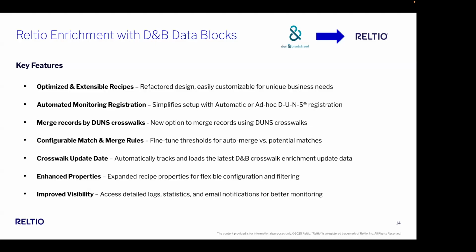A new thing that we have introduced on the crosswalk update side is we automatically track and load the latest DNB crosswalk enrichment update date. So update date as an attribute or as a metadata was missing earlier in our DNB crosswalks for folks who were re-enriching or doing a recertification of their existing profiles.